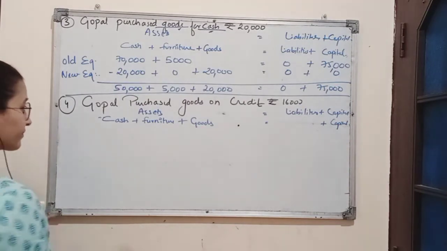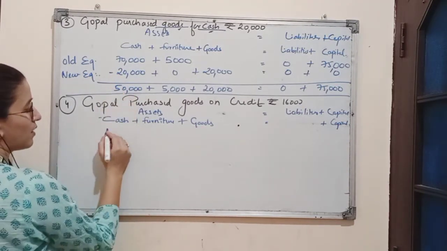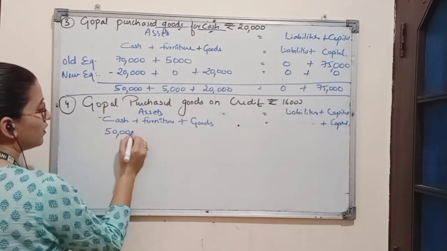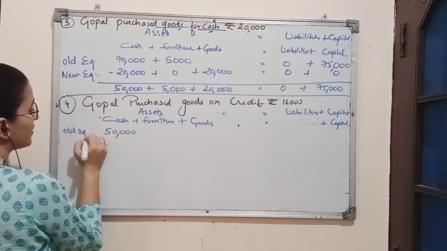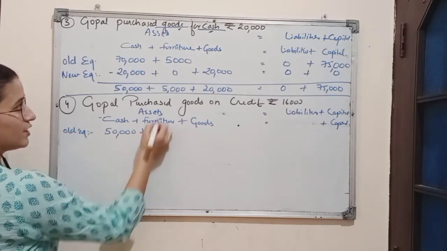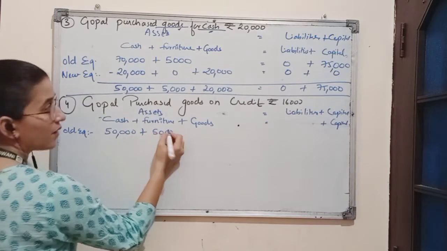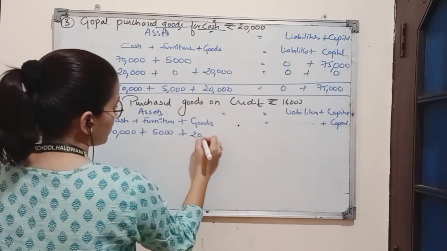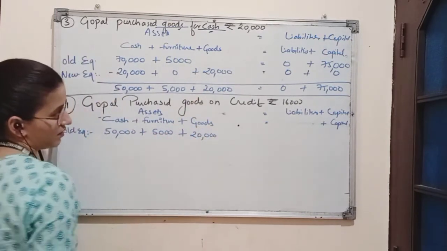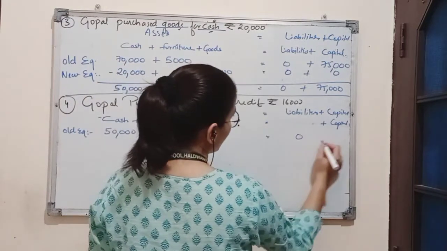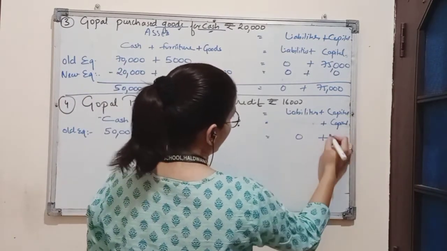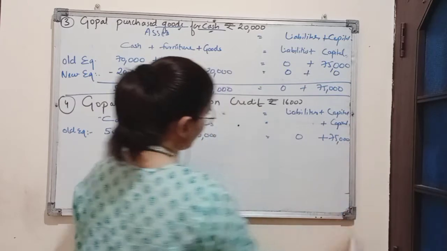Now, cash is amounting to rupees 50,000 in the old equation. This is the old equation now. Furniture amounting to rupees 5,000. Goods amounting to rupees 20,000. At the same time, there is no liability and capital amounting to 75,000.